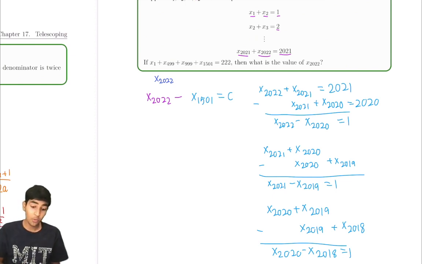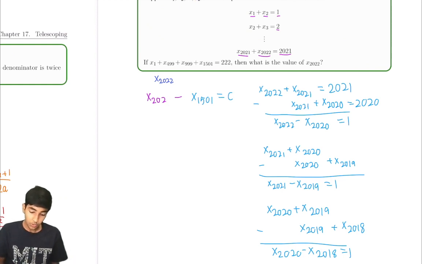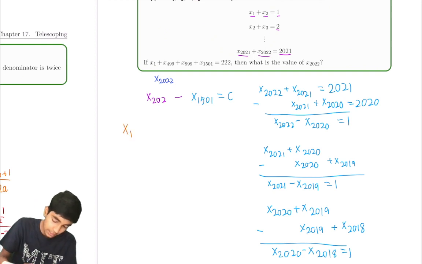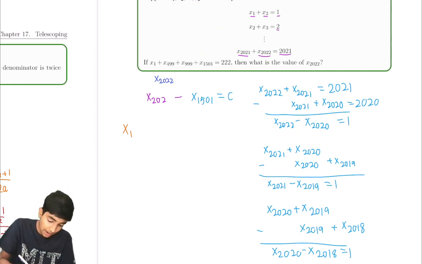So what we instead will do for now is we will try and relate all of these with x of 1. Let's say x of 1 is just x of 1, right? x of 499 is x of 1 plus something.